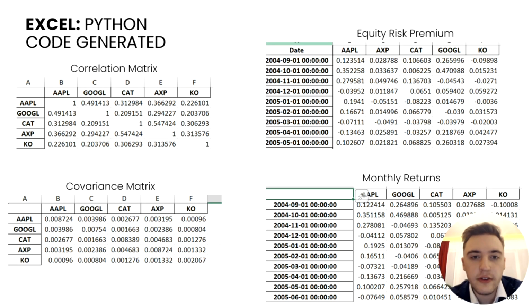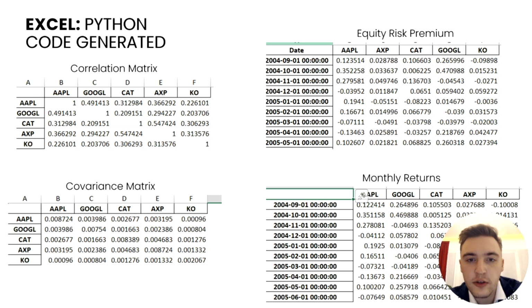Alright, so this slide shows an example of the Excel workbook that our Python code automatically generated. Here you can see several of the sheets we exported, like the correlation matrix, covariance matrix, equity risk premium, and monthly return. For this example, I used 5 tickers, which were Apple, American Express, Google, Caterpillar, and Coca-Cola.